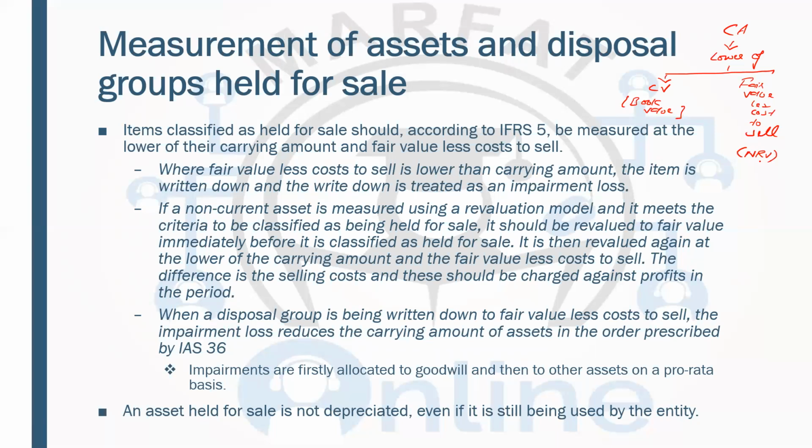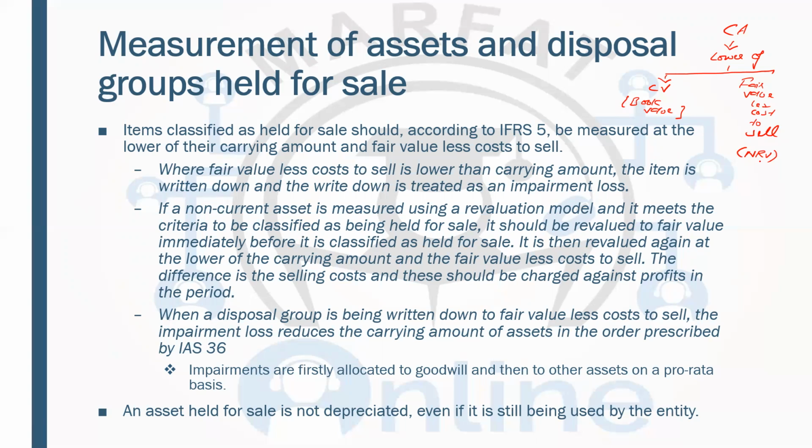And remember one thing, this carrying value should not be the one at the start of the year, or something by the end of the year. It should be at the date when you are classifying an asset as held for sale. So there may be a situation where you have the carrying value at the start of the year, but you are classifying this asset midway through the year. So you have to calculate further depreciation for it and take the carrying value at the date when you are classifying an asset as held for sale.